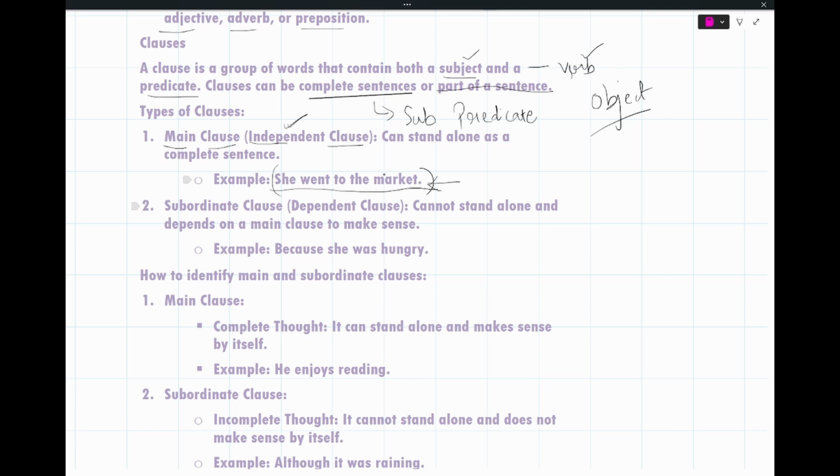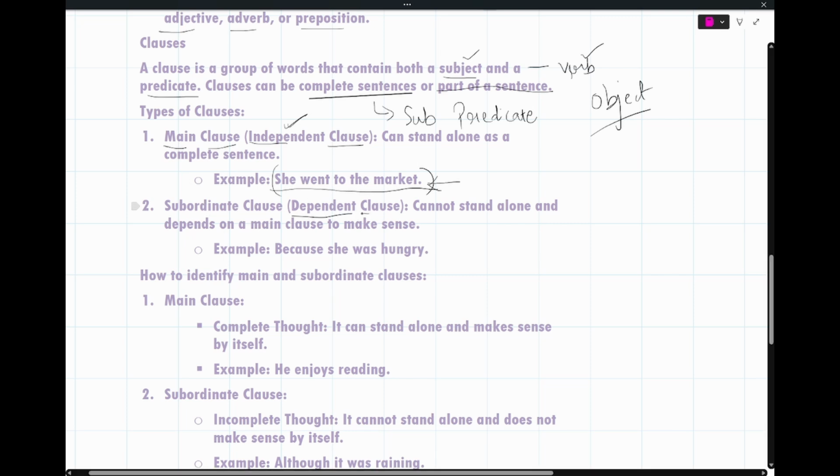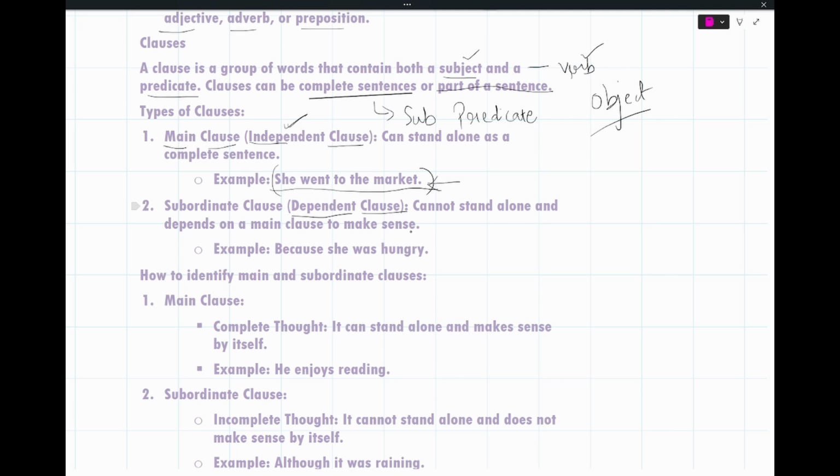Next is the subordinate clause, and this is where you'll really see the difference. A subordinate clause, which is also known as the dependent clause, cannot stand alone and depends on the main clause to make sense. This is the most important part, because subordinate clauses are dependent on the other part of the sentence for it to make sense.